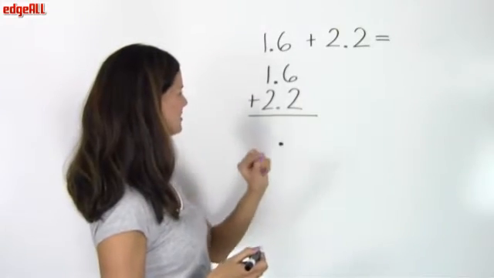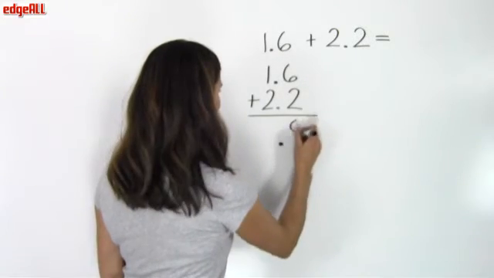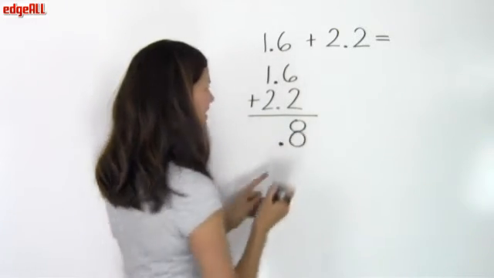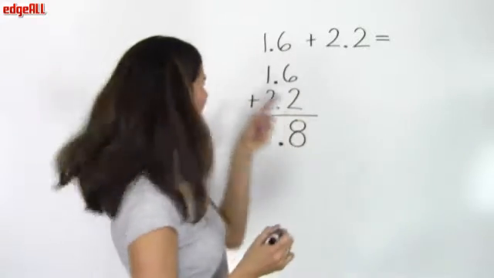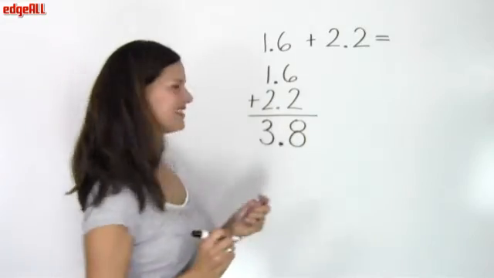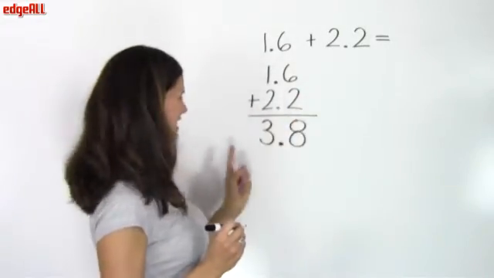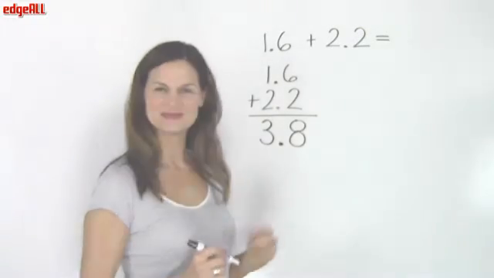So now I just do the math. 6 plus 2 equals 8, and I write it here just as if I was solving a whole number problem. And 1 plus 2 equals 3, and I write it right here. So 1.6 plus 2.2 equals 3.8.